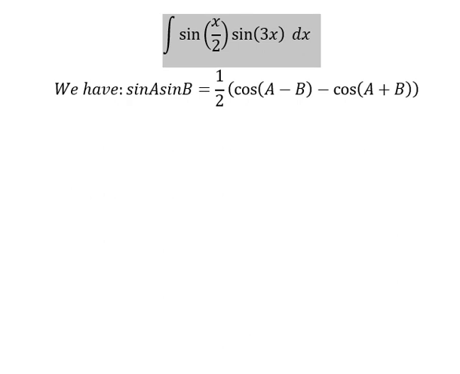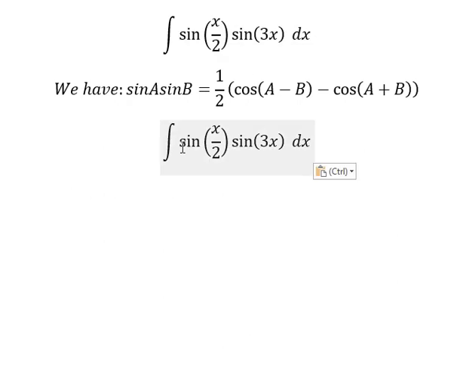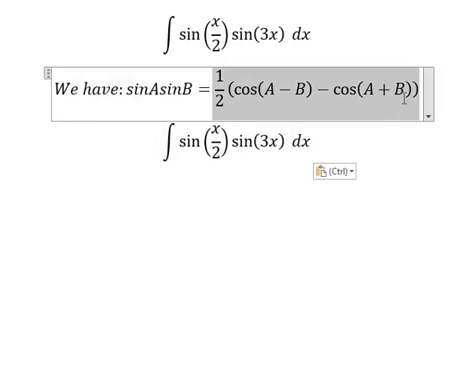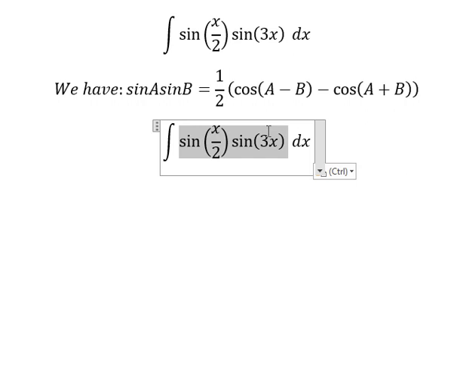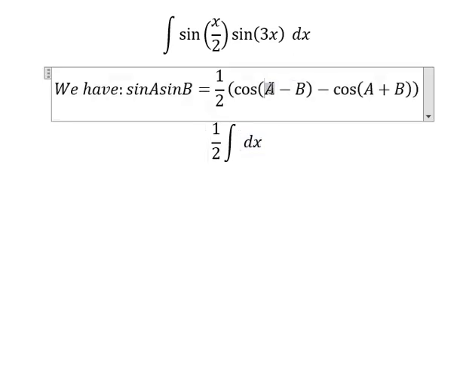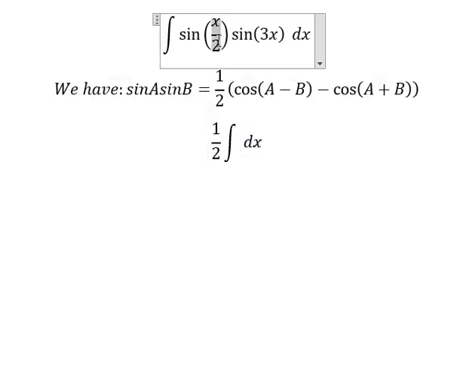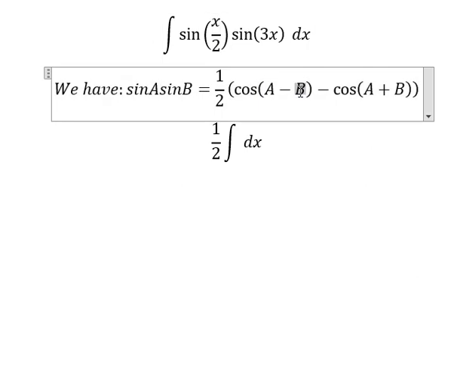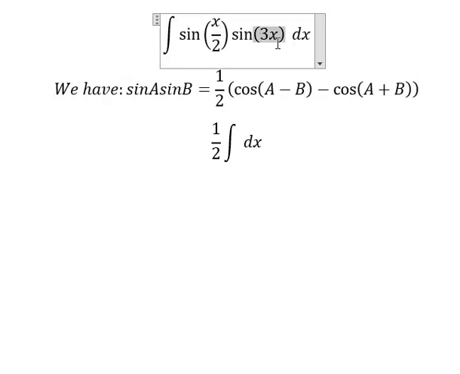So we can apply this one for this one, and we have like this. So capital A, that is about s over number 2. Capital B, that is about 3s.